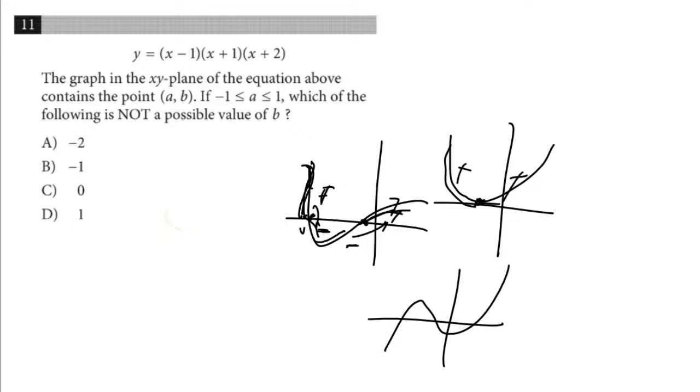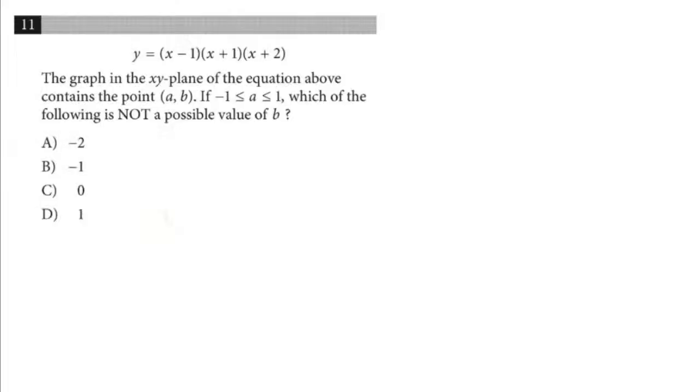So we will use this knowledge here. There's a graph with 3 zeros, at -2, -1, and 1. So let's draw them: -2, -1, and 1.